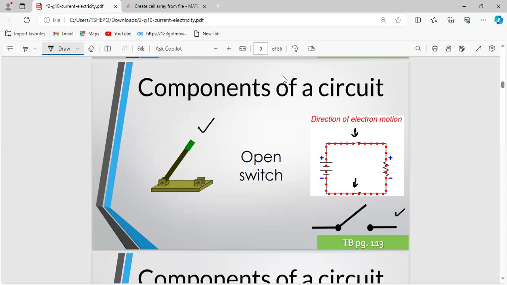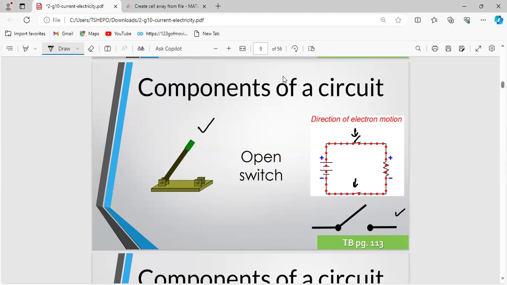Now, these two switches, to us, they are closed. But if this switch goes up like this, this portion over here, now the switch will be open. So when we have an open switch, the charges, these electrons, won't be able to flow because the switch is open.